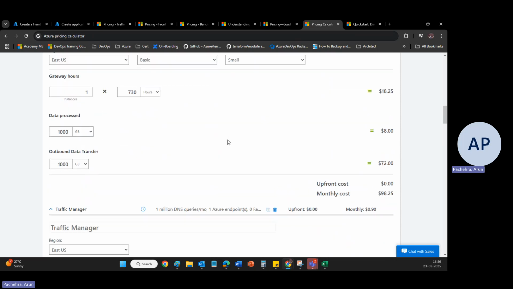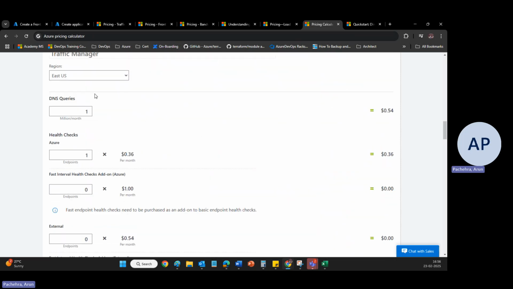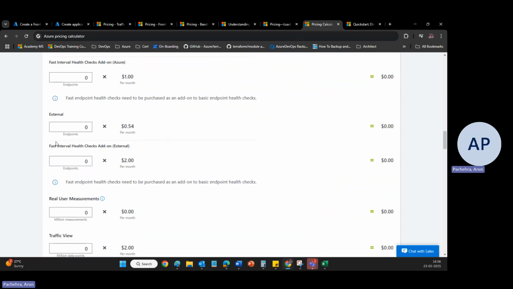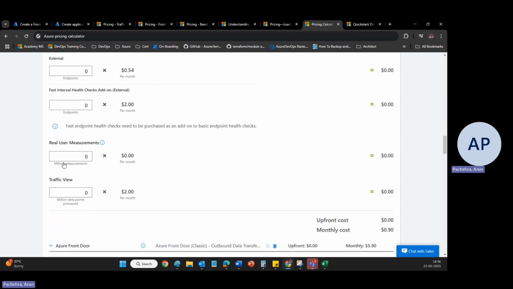All right, now we were checking Traffic Manager: DNS queries, health checks, external endpoint, fast interval health check add-on on external endpoint. Now here is Real User Measurement. Traffic Manager Real User Measurement currently supports measuring only Azure regions and Traffic View. So if you're using these features, Traffic View has its own price.